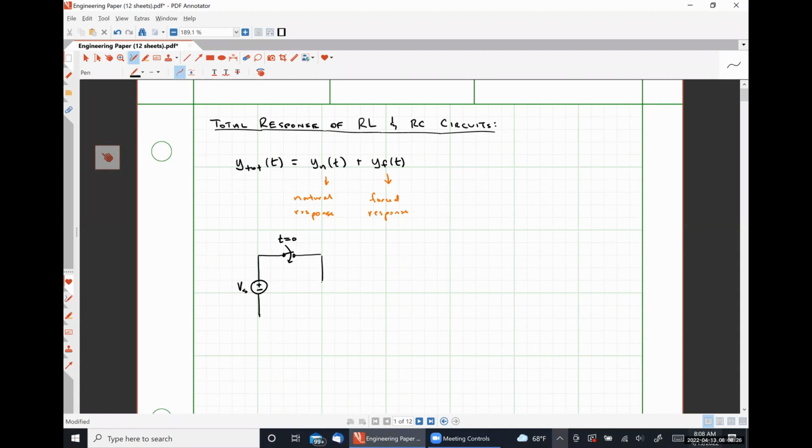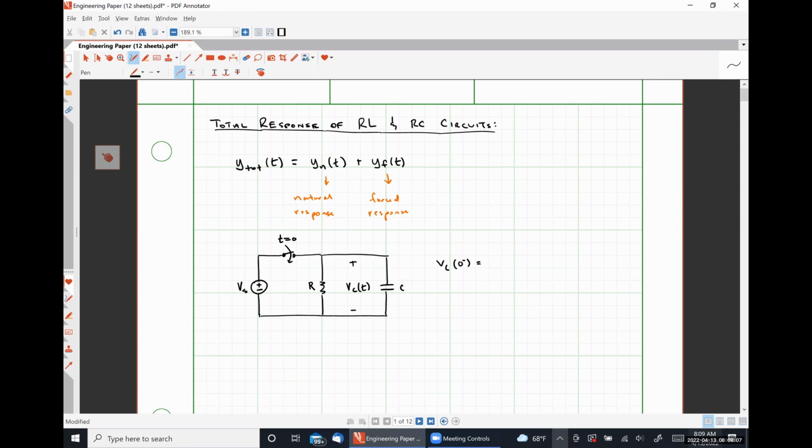And then over here on the other side of the switch contacts, we have a resistor R and a capacitor C, like so. And we're interested in what's happening with the capacitor voltage as a function of time. Well, we can analyze this circuit and figure out what Vc of 0 minus is pretty easily, right? What should it be?